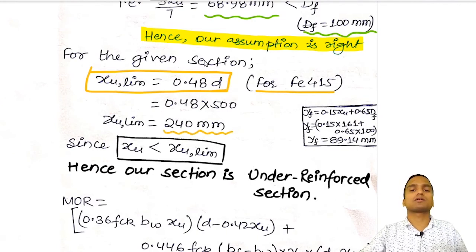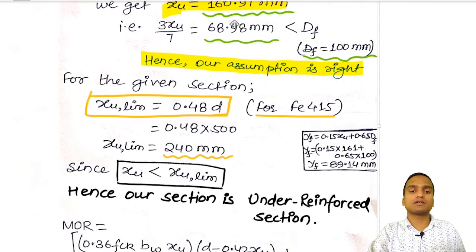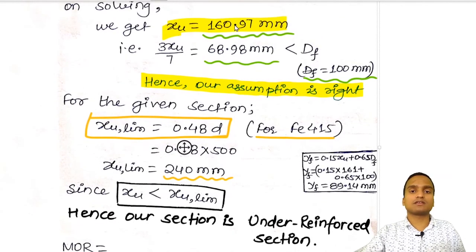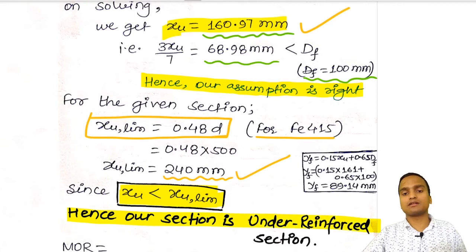We can easily compare the exact depth of neutral axis with the limiting depth of neutral axis. xu comes out to be less than the limiting depth of neutral axis, so we can say our section is an under-reinforced section.